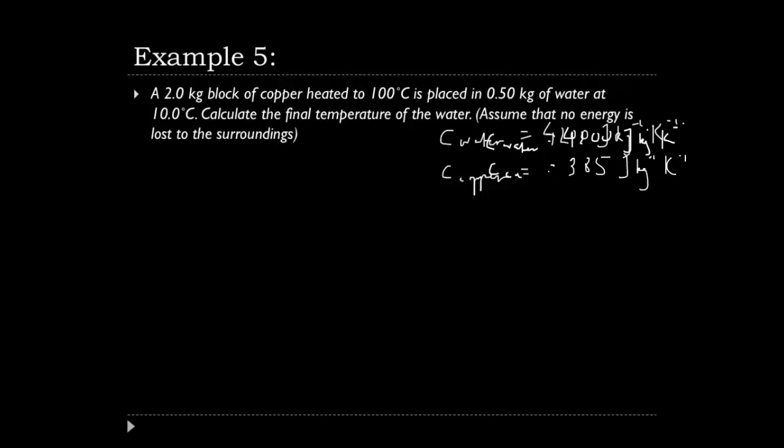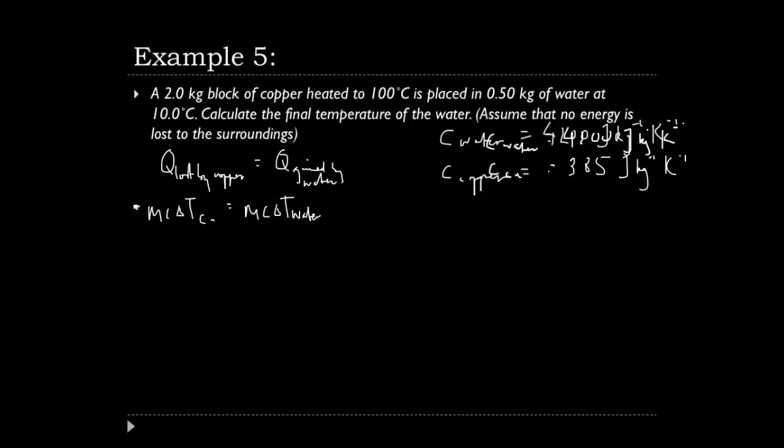Okay, and then we use the fact that Q lost by copper is equal to Q gained by water, and so we have that's mcΔT, and because it's a loss we're going to make that one negative, of Cu is equal to mcΔT of water.